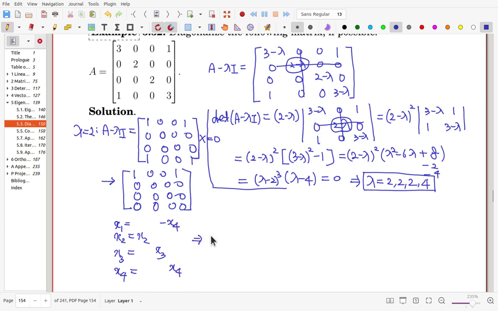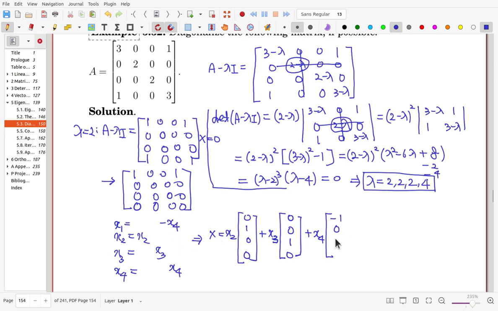From here, x can be written with x2 times the vector 0, 1, 0, 0, and with x3 times 0, 0, 1, 0, and with x4 times minus 1, 0, 0, 1.